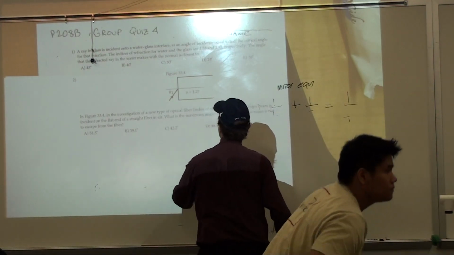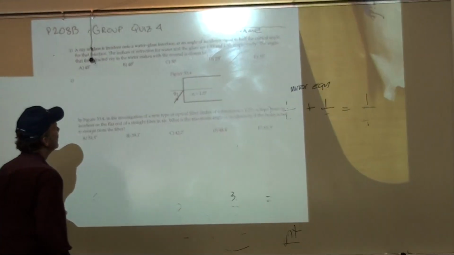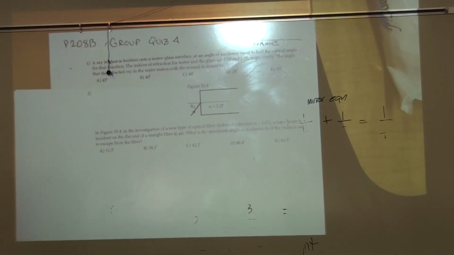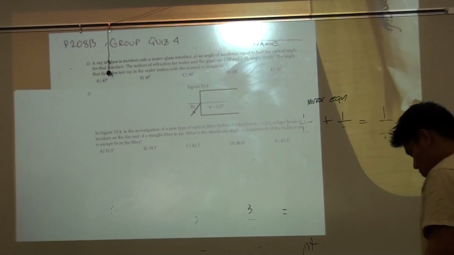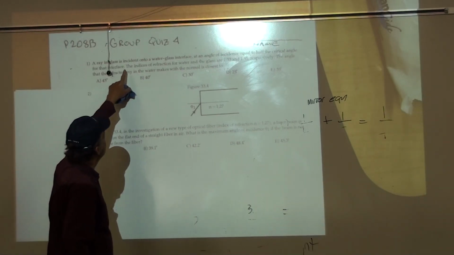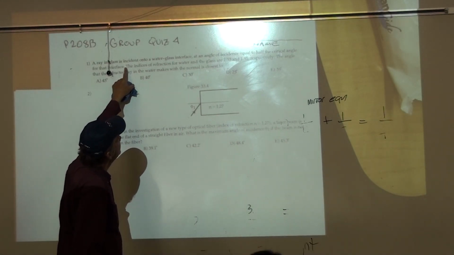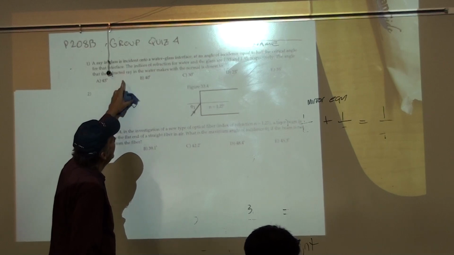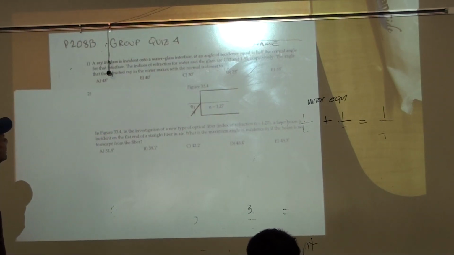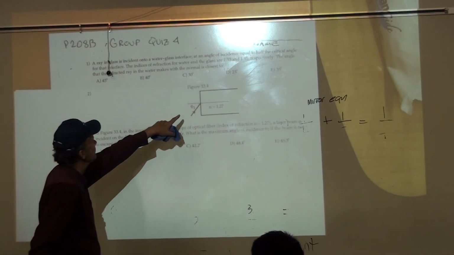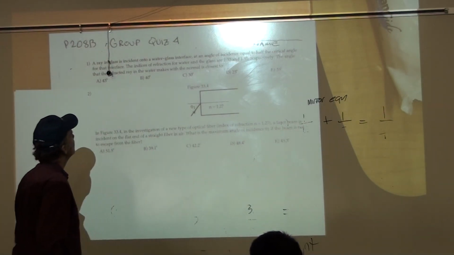Okay, in the first problem, we have light that's incident on a water-glass interface, and the angle of incidence is equal to half the critical angle. So that's not this picture; this is a different problem.